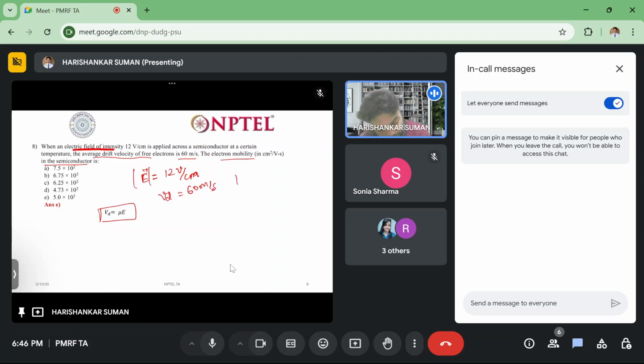So you have to find the mobility. You can use this relation. This is a simple relation. Please find out, you have the values, and check whether option E is the correct answer or wrong. You can take 5 minutes for this question. Please solve. Please try, everybody.